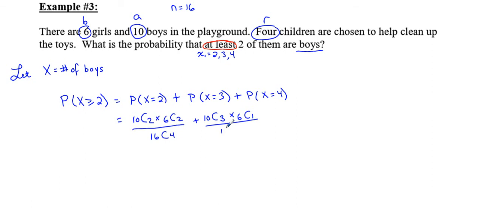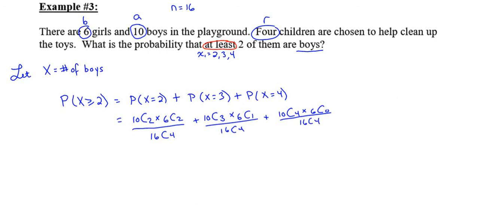Out of a total of 16, choose 4. And lastly, 4 boys. Out of the 10 boys, we're going to choose 4. And out of the 6 girls, we're going to choose none. All over 16C4.